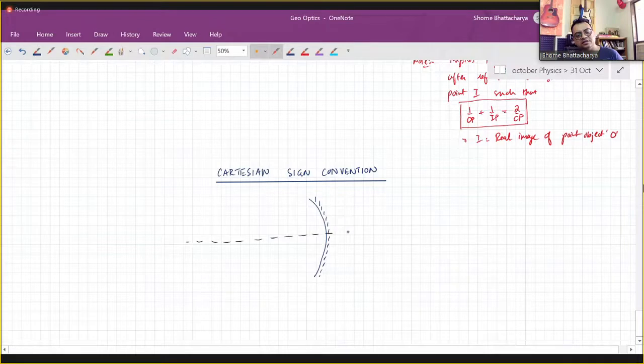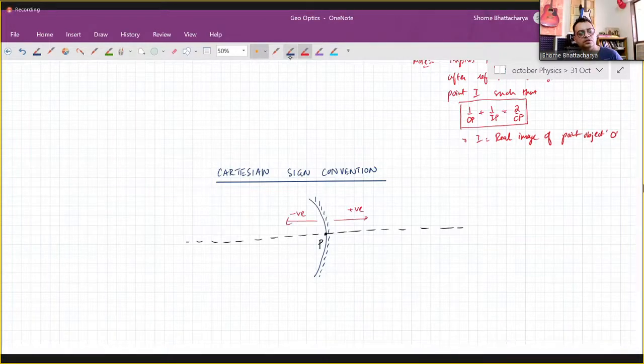Okay. So if this is the pole, then any position to the left of the pole is written as a negative quantity, and any position to the right of the pole is written like a positive quantity. So for example, if we have a point P1 over here where this distance is x1, and a point P2 over here where this distance is x2 with respect to the pole.